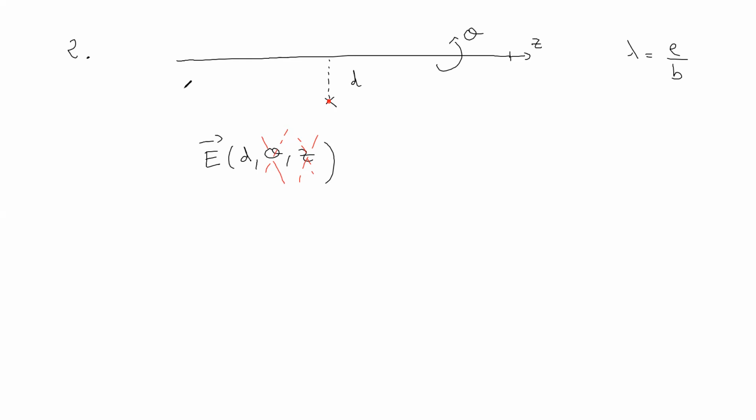So the intersection between the whiteboard and the perpendicular plane means that it's necessarily along the radial direction. Here it's D because the distance has been called D, but it's really the vector along the radial direction. Okay.